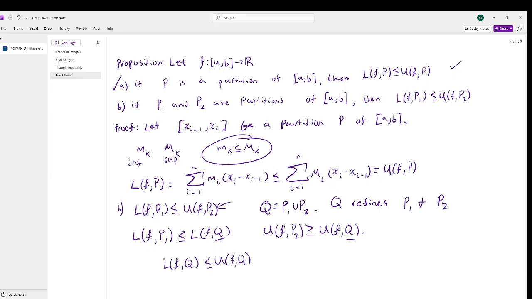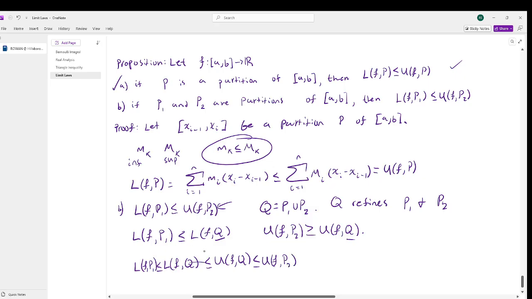But then we know that L(f, P1), the lower sum of the partition P1, is less than or equal to the lower sum of the refinement. And the upper sum of the partition P2 is greater than or equal to the upper sum of the refinement Q. So we get U(f, P2).